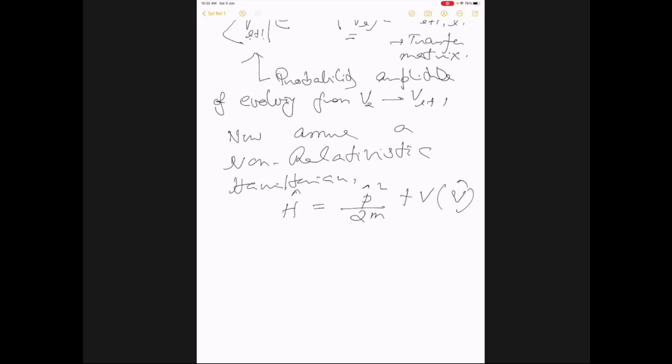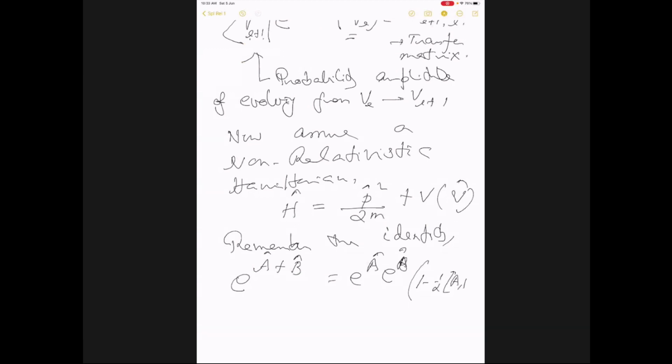And also remember the identity that e to the power A plus B, if A and B are operators, is unlike e to the power A into e to the power B. That term is there, but there will be 1 minus half a commutator AB, and then plus all the higher order commutators.